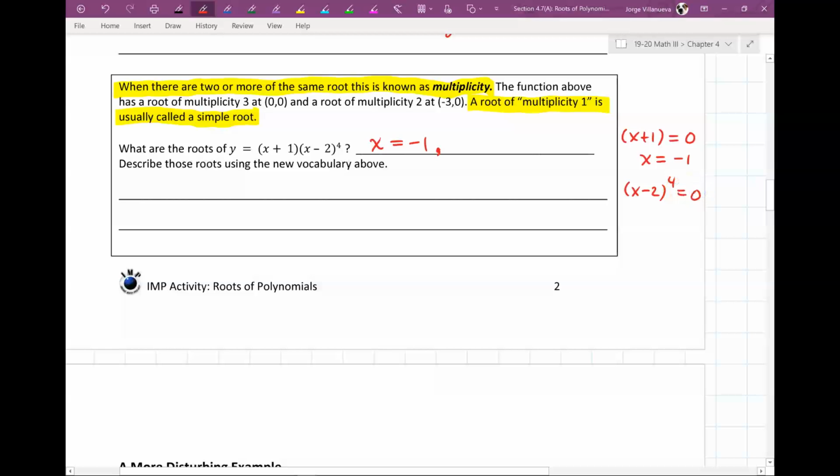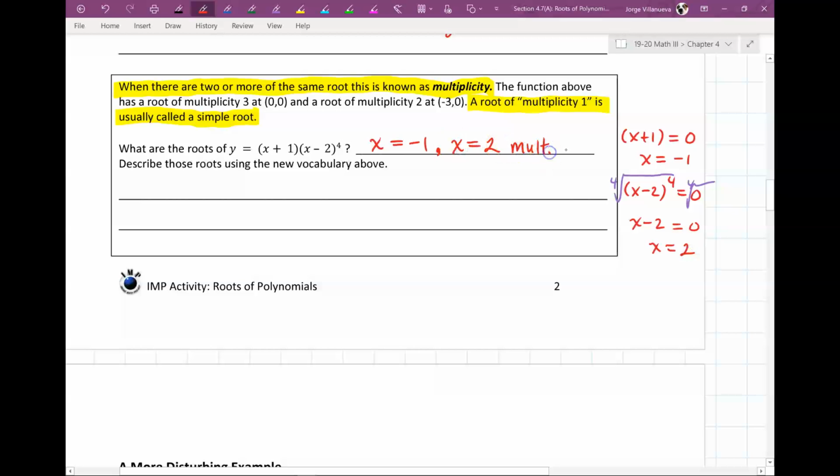Since the power is a 4, I need to take a 4th root of both sides. So that gives me x minus 2 equals 0. If I add 2, I get x equal to 2.